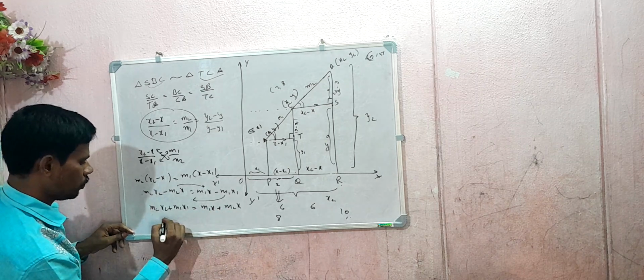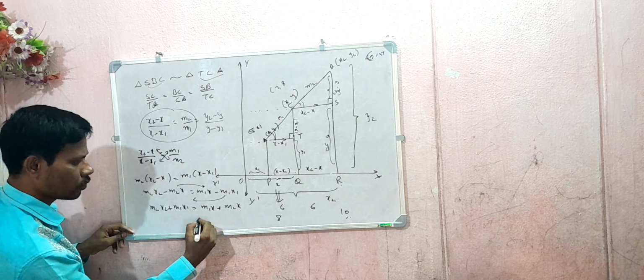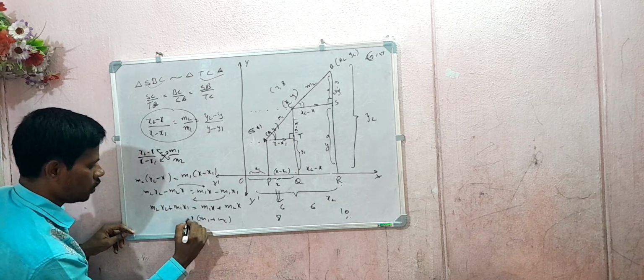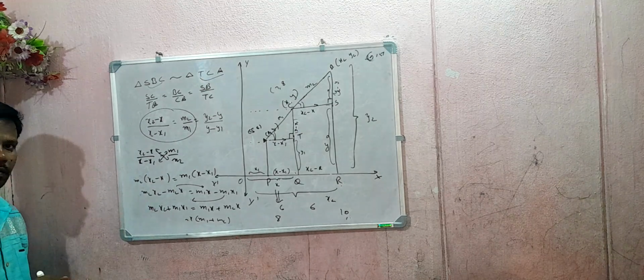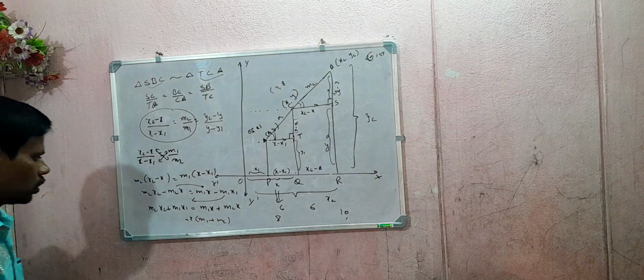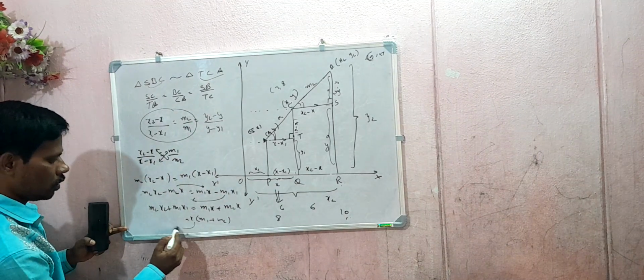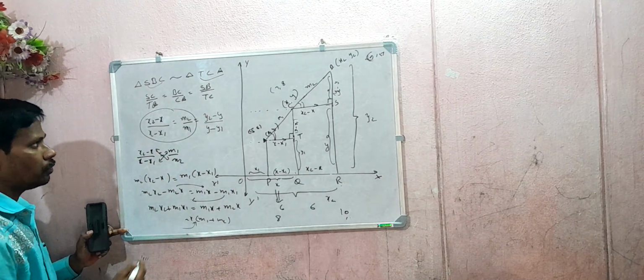Take x common, you will get m1 plus m2 into x. Now bring this here, you will get the x value.